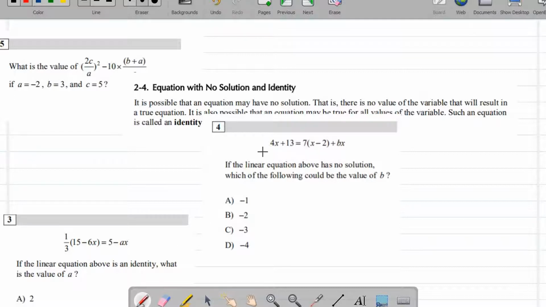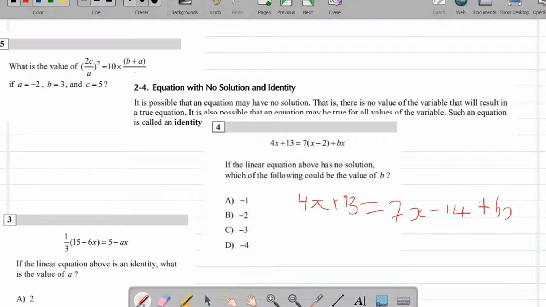In this situation, when it has no solution, you know that the constants will not be equal. So let's expand this. 4x plus 13 is equal to 7x minus 14 plus bx.